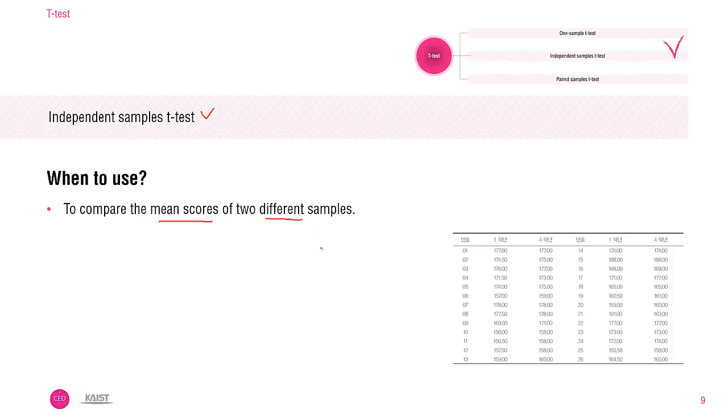In the introduction video, an example was introduced. The mean height data of two independent groups were compared. The first 26 people belong to the freshman group, and the other 26 people belong to the senior group.